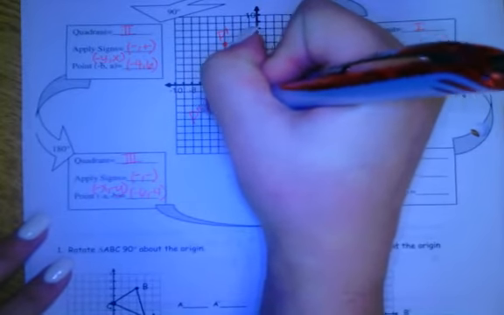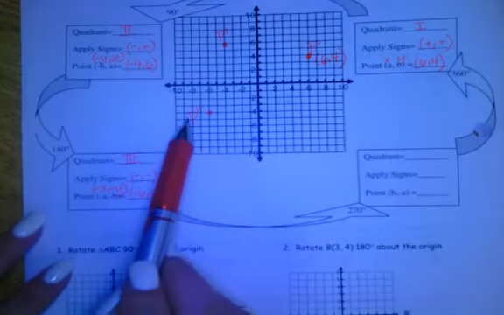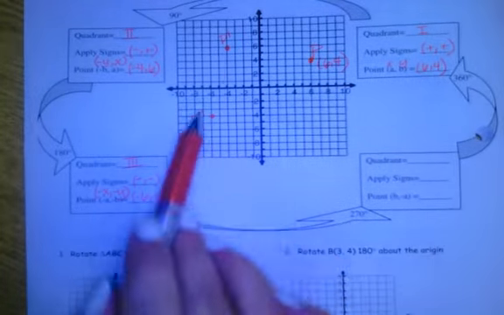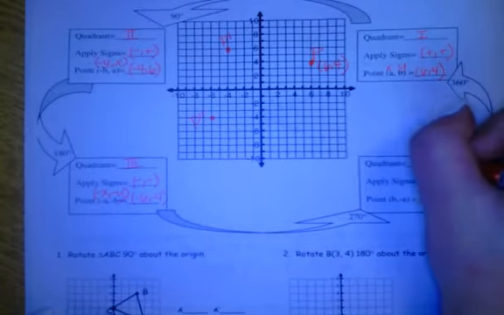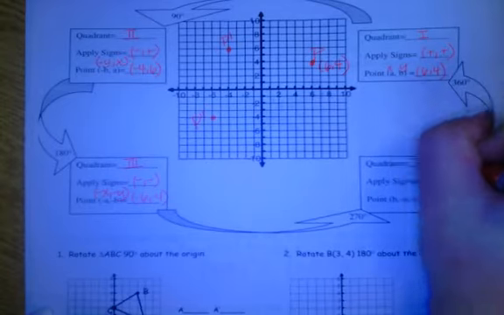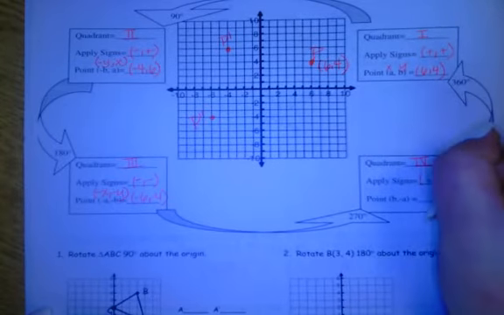Okay, so now that we've applied 2 transformations, you have 2 tick marks. Okay, and we're going to apply a 3rd transformation now, 270 degrees. So that's 3 turns. And what quadrant is that going to be in? 4. And the signs are going to be what, Kinley? Positive, negative.